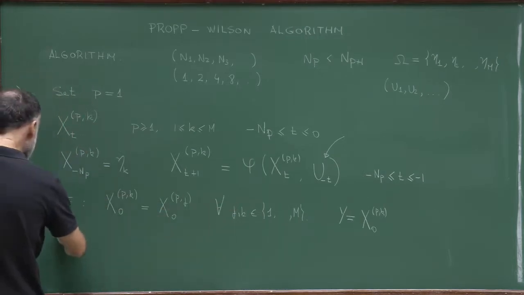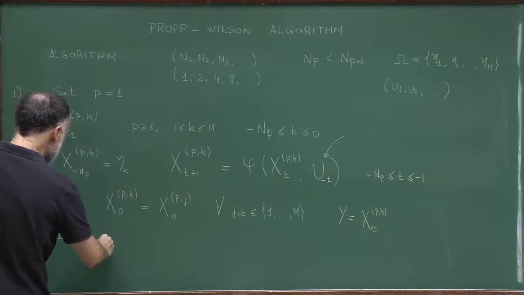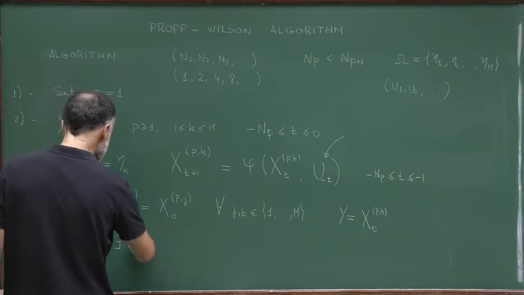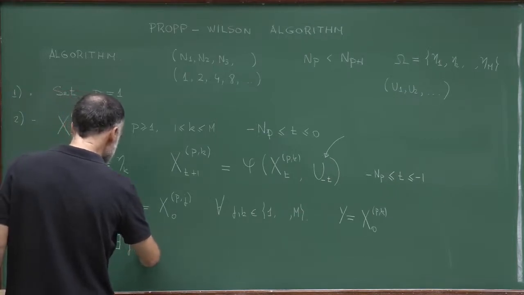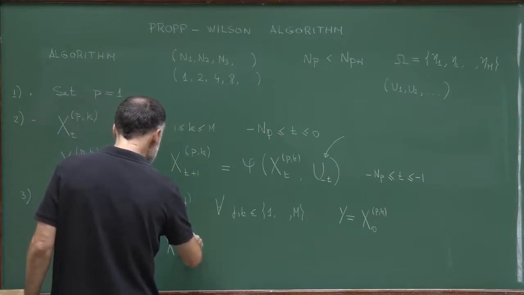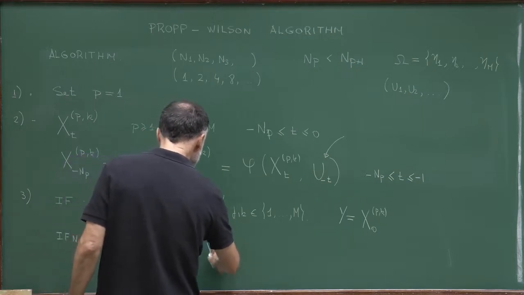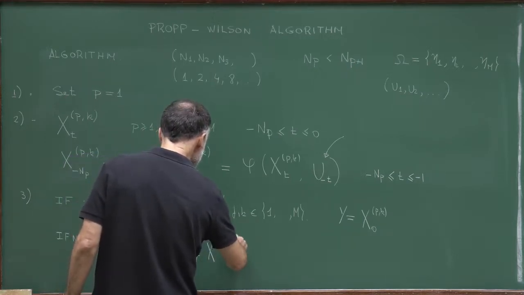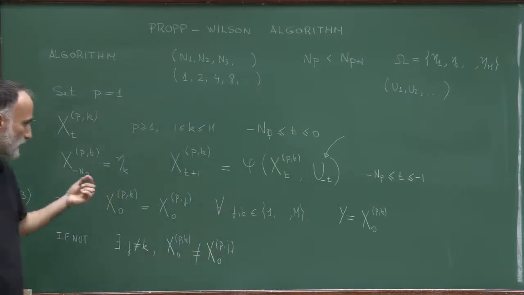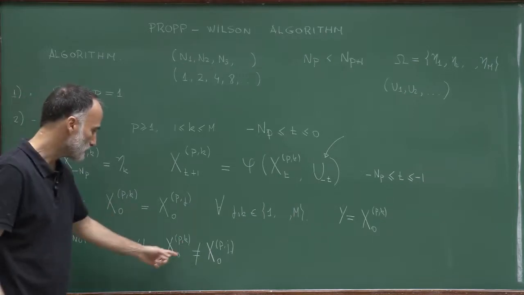But maybe not all values are equal. If not, there exists a j different from k such that x_p^k at 0 is different from x_p^j at 0. So maybe there are two initial states for which, when you run this Markov chain, you don't get the same value at time 0.